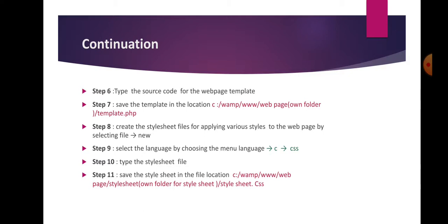Then we are going to create a style sheet file. The style sheet file has the extension .css. The style sheet consists of various styles for the web page. Styles means background color, alignments, etc. We just create a new file for keying in the style sheet. Just click File and select the New menu. The last two files are PHP, that is index.php and template.php.